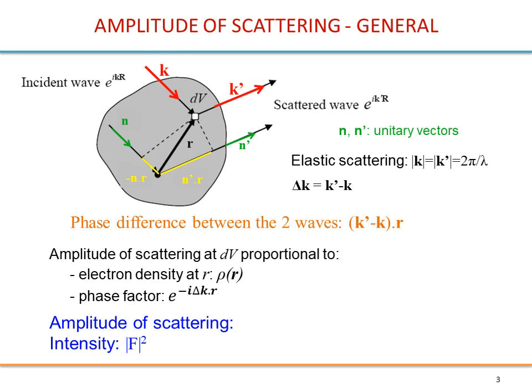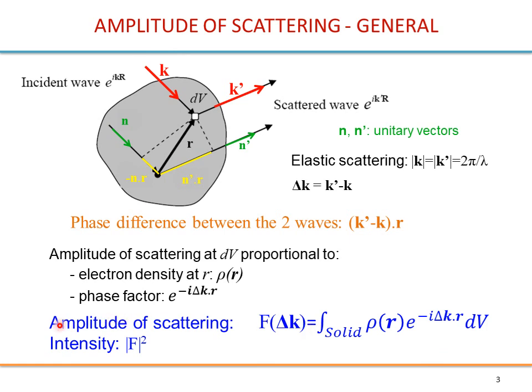So the intensity diffracted by this point at dV, element of volume, is proportional to the electron density at that point, and you have also a phase factor, which is exponential of -i Δk, being k prime minus k, scalar product with the position r.